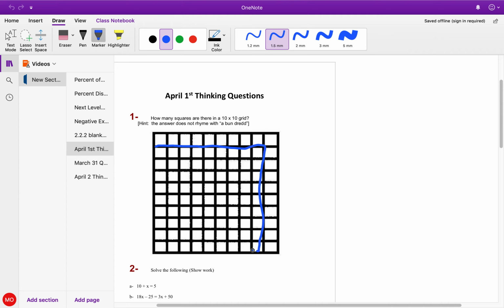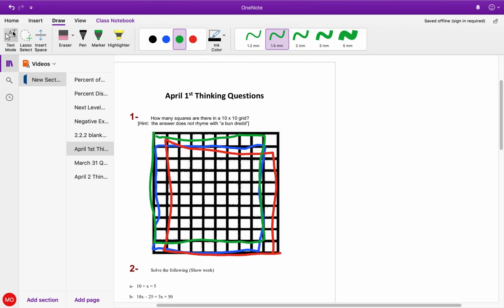Then my next one, I just moved over to this corner. Then I can move it over to this corner here. You can see I can fit four different ones in. And the last one would be the last corner.